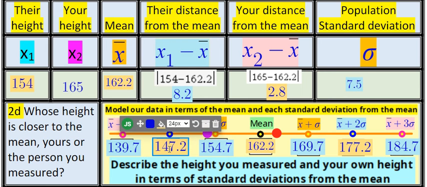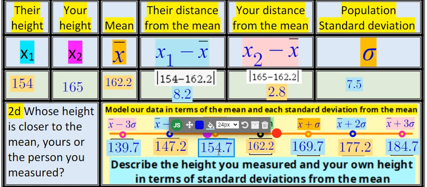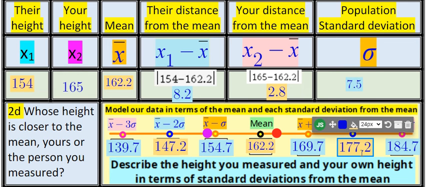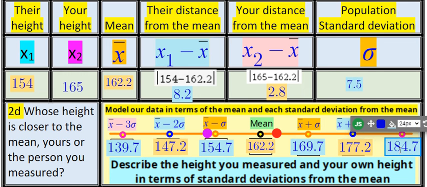Now, all this data goes right into our graphic organizer right here. 139.7, 147.2, 154.7, our mean 162.2, 169.7, 177.2, and 184.7. Our goal is to look at this data and compare the heights that I measured.